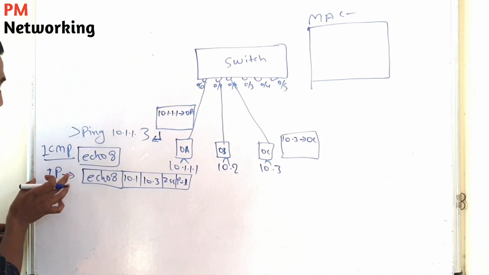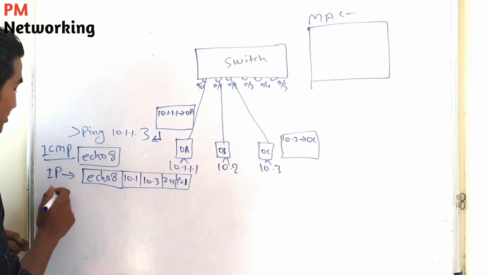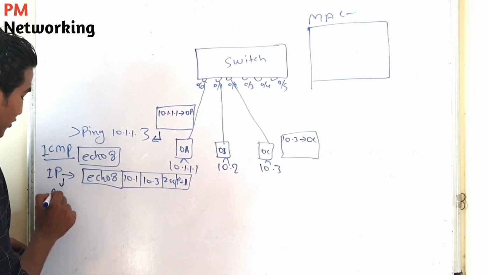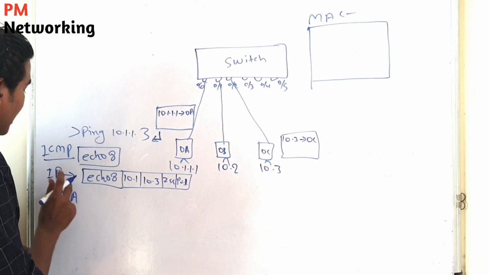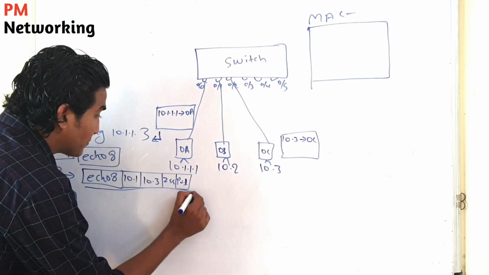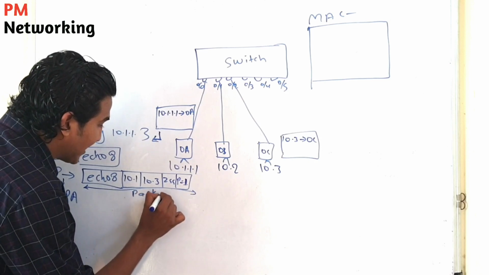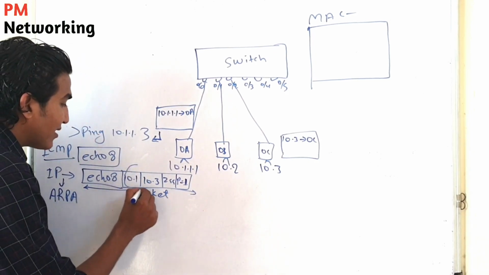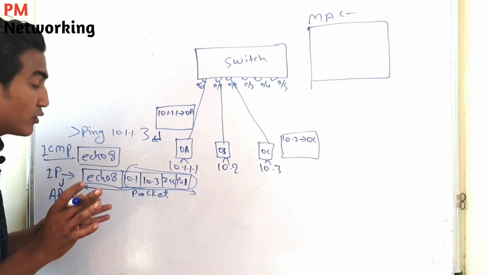Now what will the IP protocol do? The IP protocol will hand over this information to layer 2. Now this encapsulation is complete, so we call it a packet. A packet means the IP header and the actual data, which is the ICMP echo request.